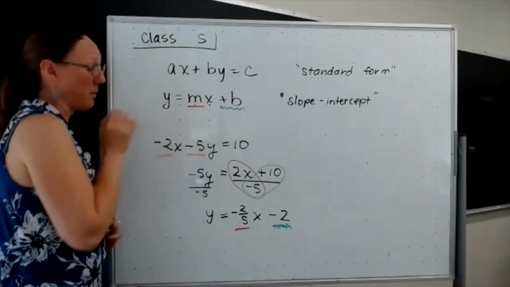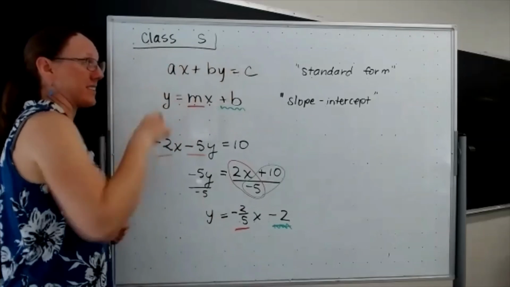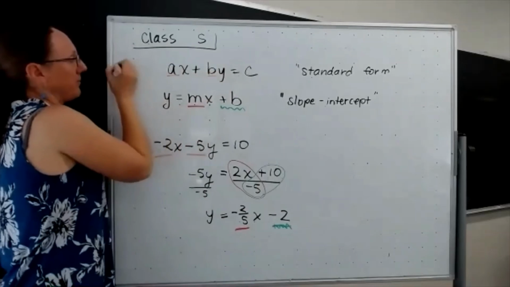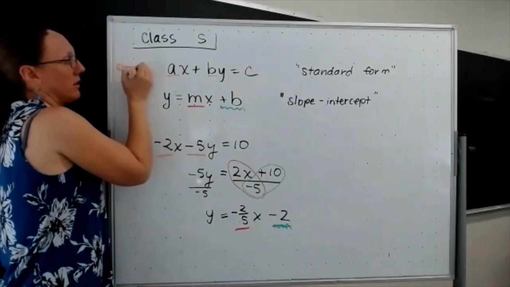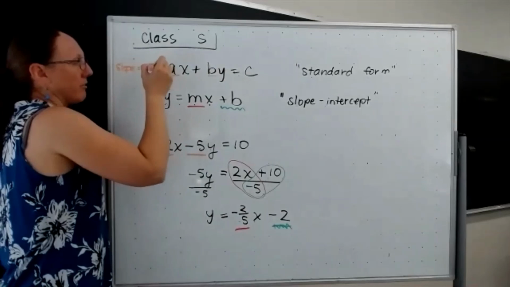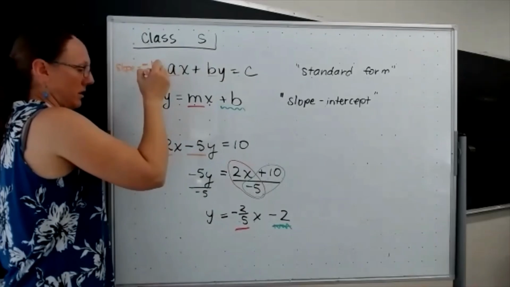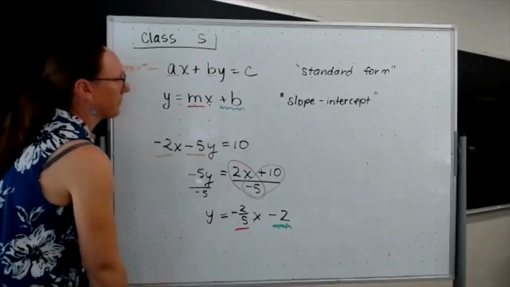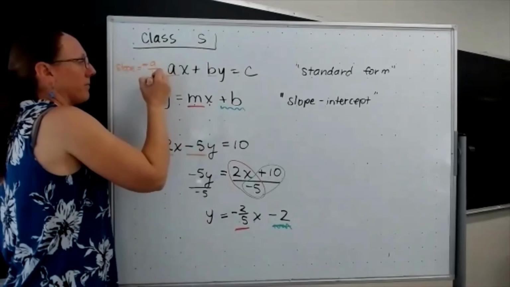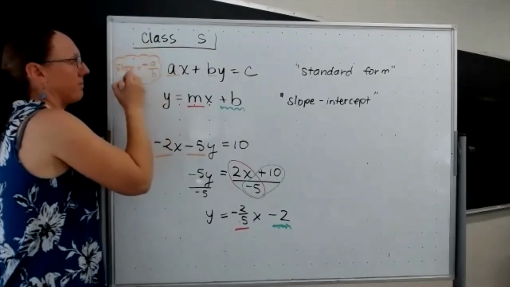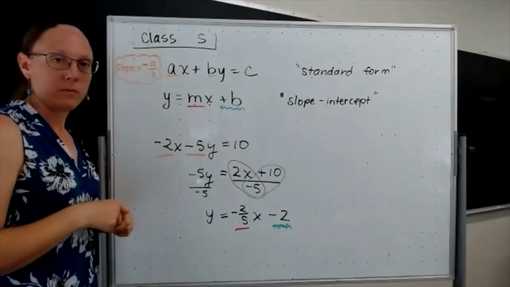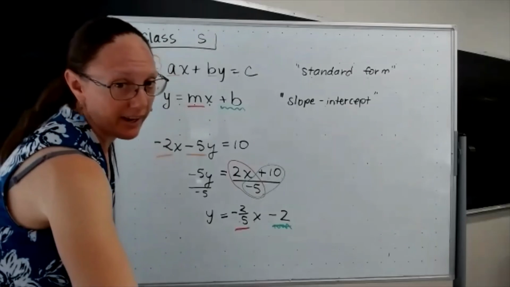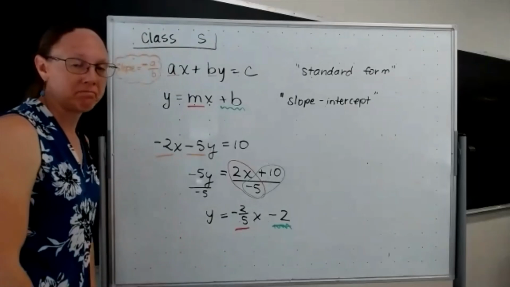But if you wanted to memorize a thing when this is in the standard form, we look at our coefficients on x and y, and our slope is negative A over B. I don't recommend bothering to memorize that. I'm just pointing it out because it's an option.